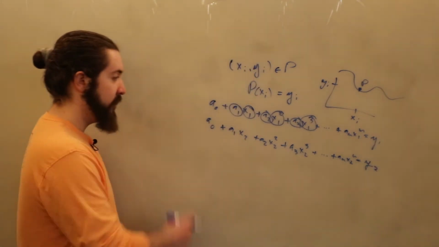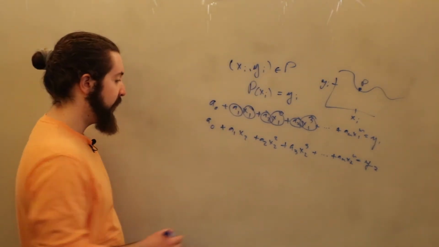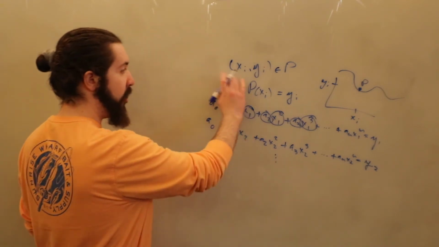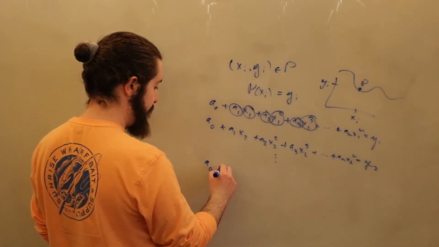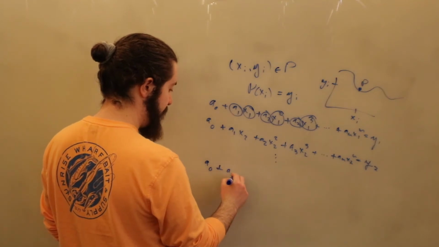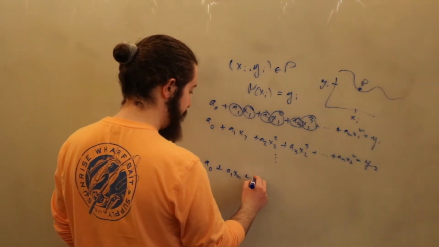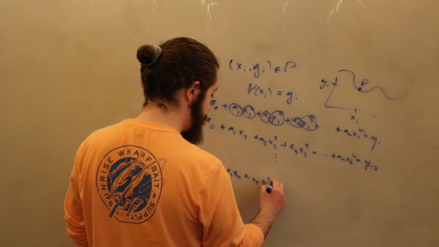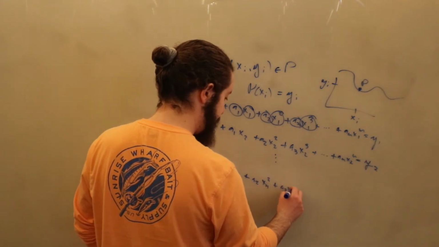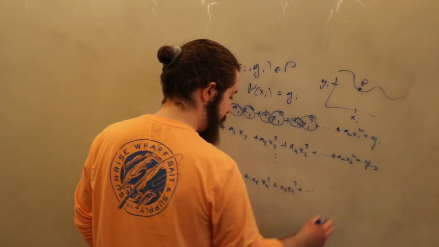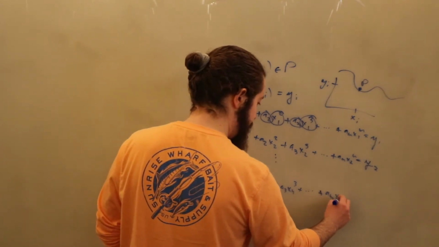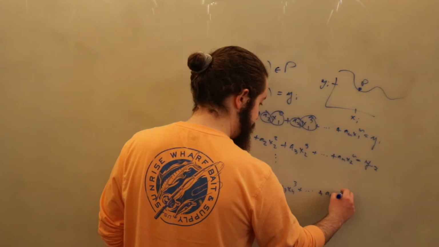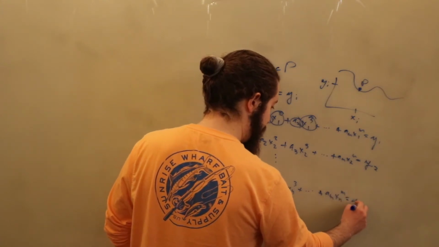Another linear equation. And this has to be true for all n of our points, so that we'll have all the way up to a0 plus a1 xn plus a2 xn squared plus a3 xn cubed, all the way over to am xn to the m is equal to yn.